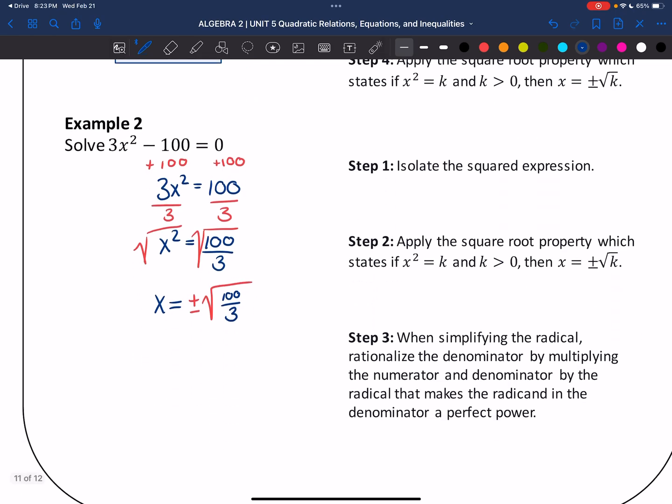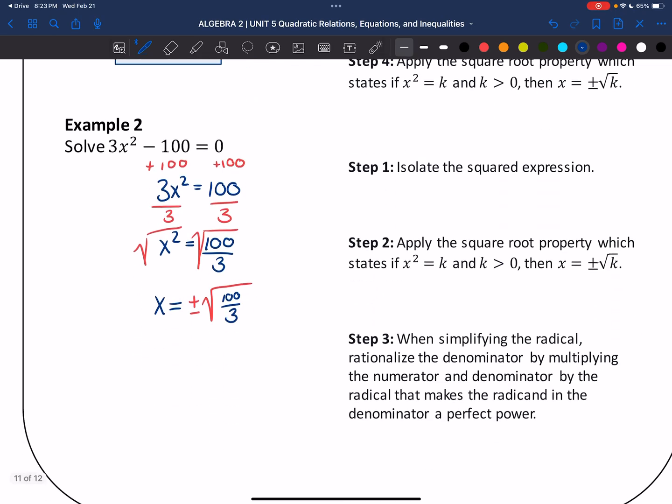All right, so that's that application of our square root property. Let me highlight it here: that square root property says if x squared equals k and k is greater than 0, then x is both the positive and negative square root of k. So that's what I did there.